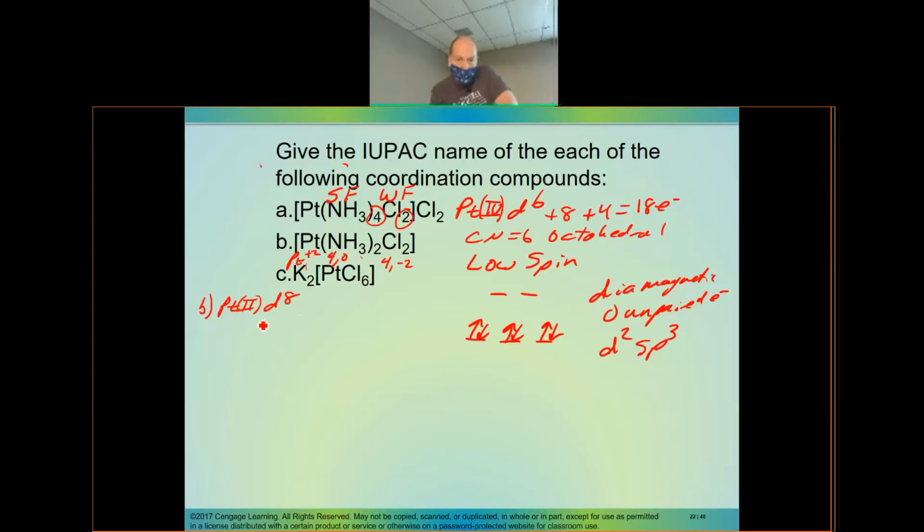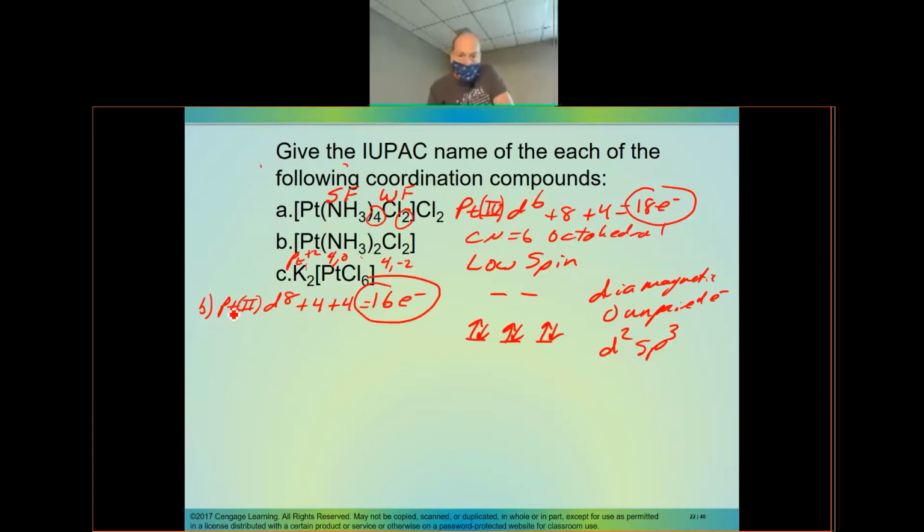Plus 4, plus 4, we have 16 electrons. Anytime we get 18 or 16, the chances of those being stable are in the 90+%. Most of them that are 16 or 18 are stable complexes.